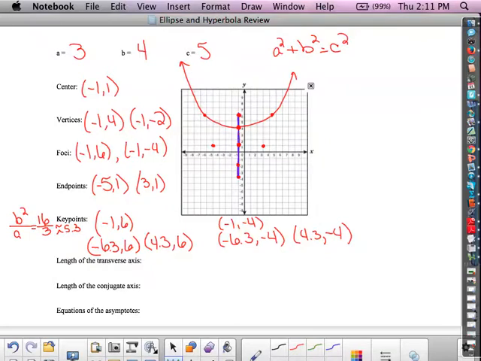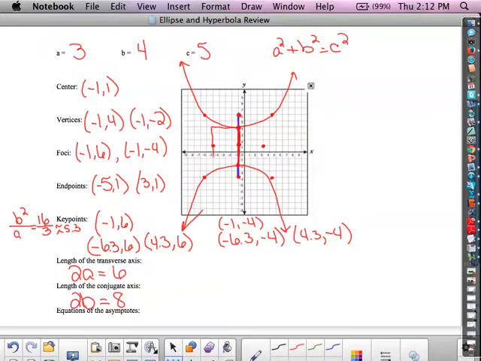So at minus 6.3 and minus 4, so about here, and again at 4.3 and negative 4 about here. And there is your hyperbola. The length of the transverse axis, remember, is 2a, which is 6. The conjugate axis is 2b, which is 8.